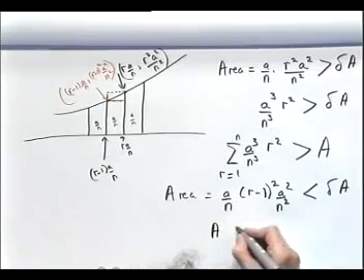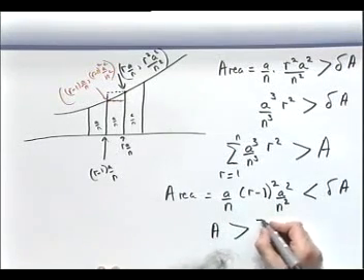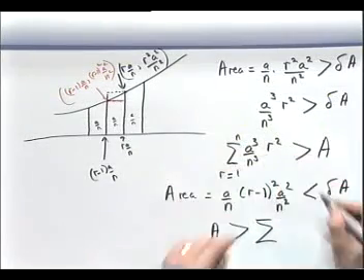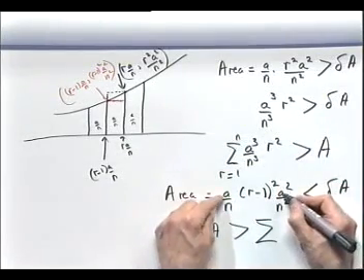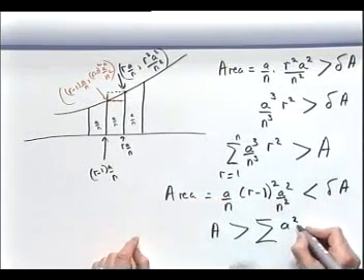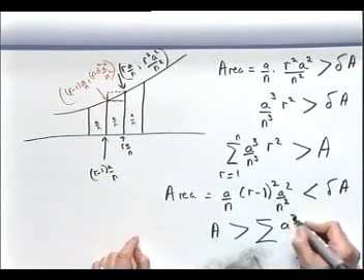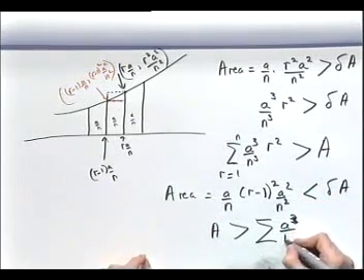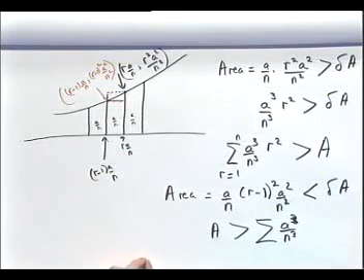We now need to add all of these up to get an idea of the lower limit of the area. So let's do that. A will be greater than the sum of, and let's tidy this one up in the same way that we did that. We've got an a cubed formed by the a times by a squared, and an n times by n squared, which will give us n cubed.